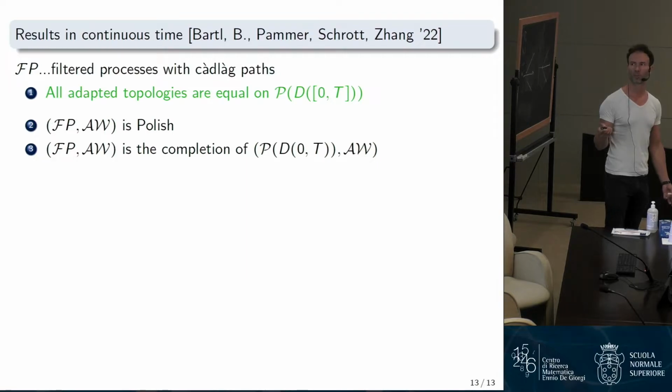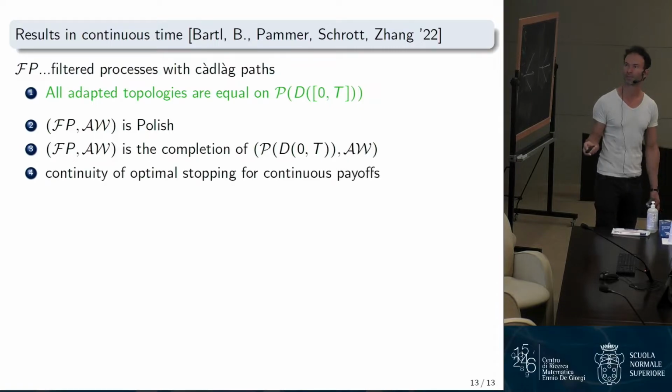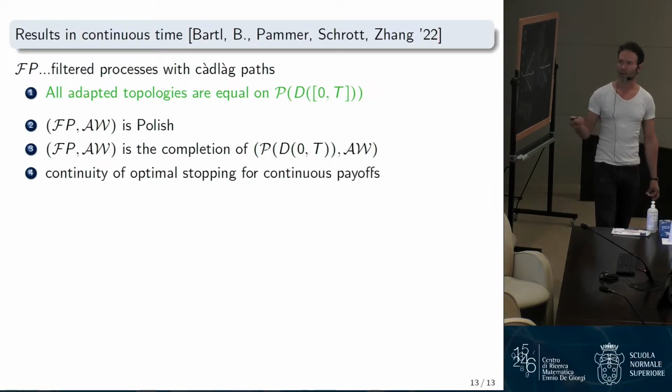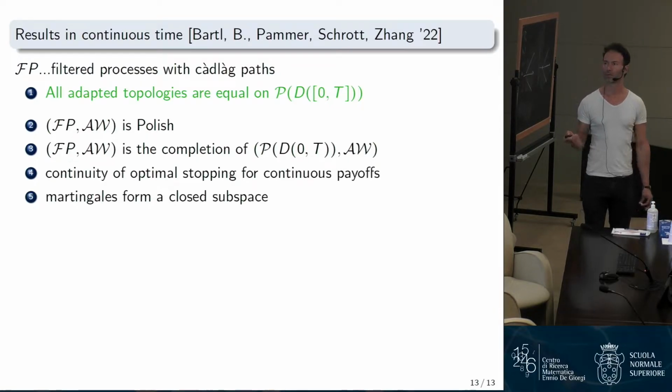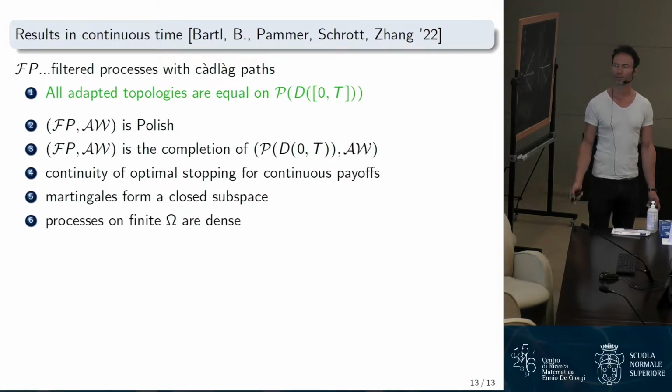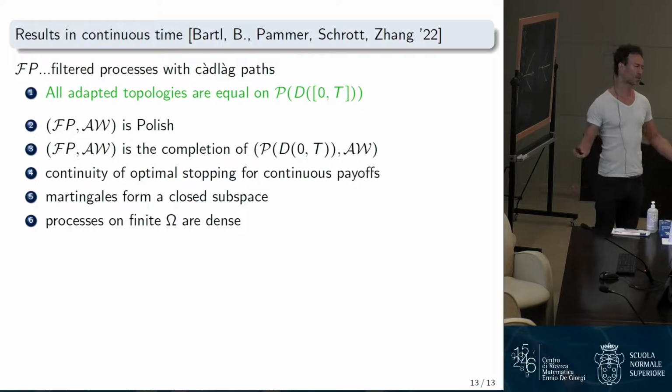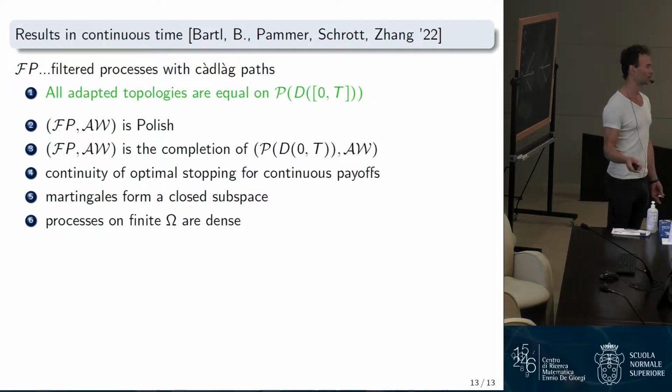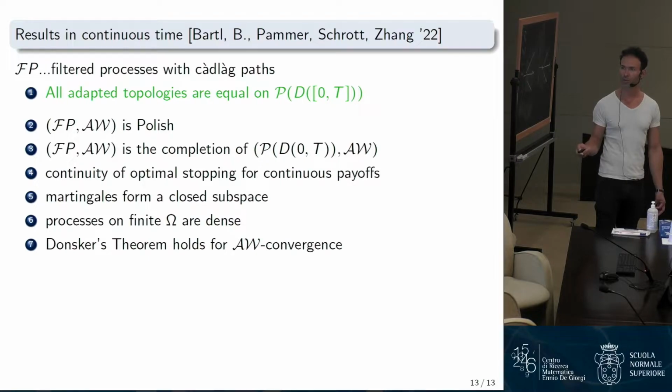So the space of all processes is a Polish space. It's a completion of stochastic processes which are on this Skorokhod space. Again, you get continuity of optimal stopping problems. Again, martingales are a closed subset. Processes which you get by discretizing are dense, so it's a not too fine topology.